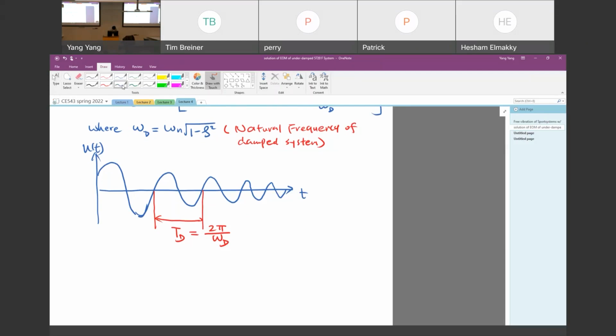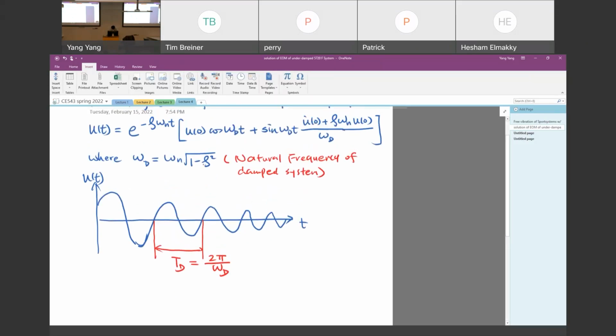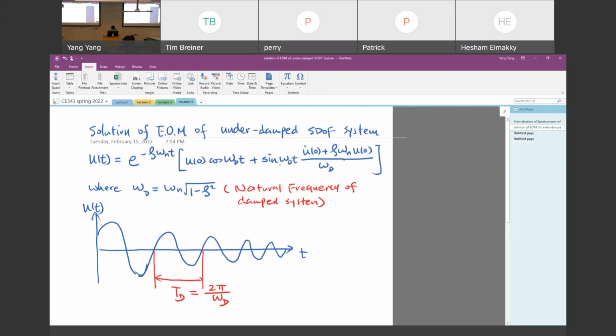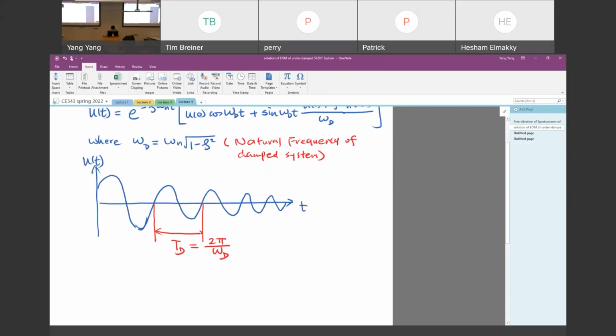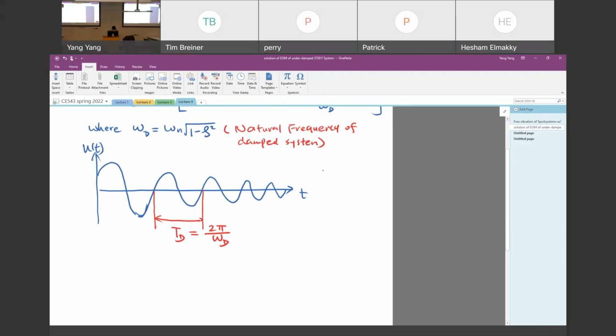We should be able to get the maximum amplitude here based on the sine and cosine wave.